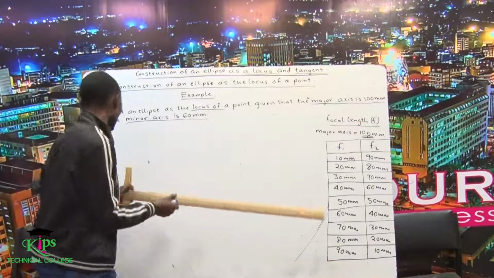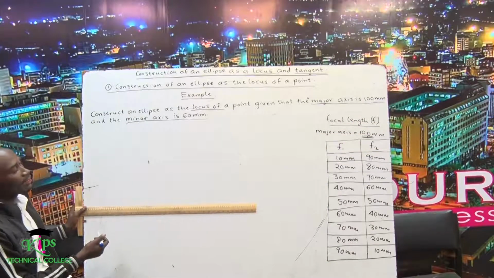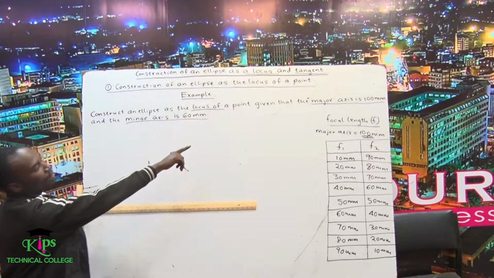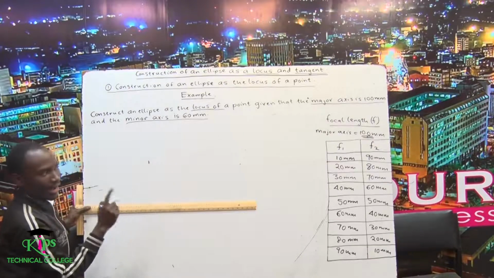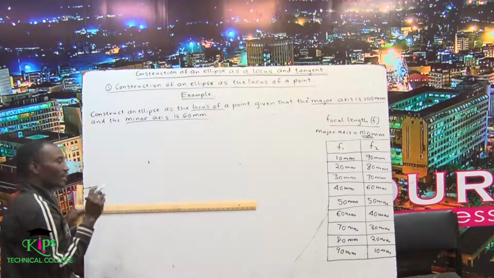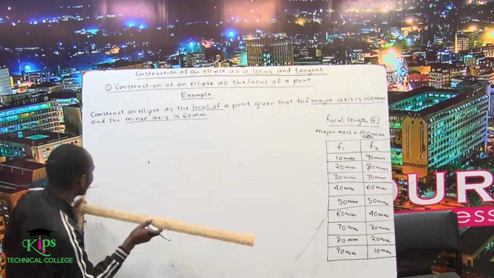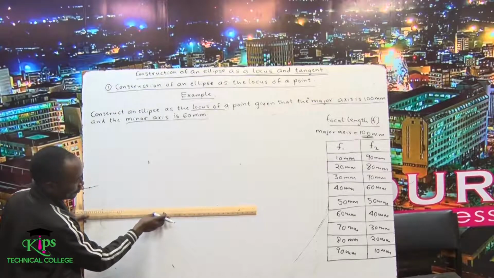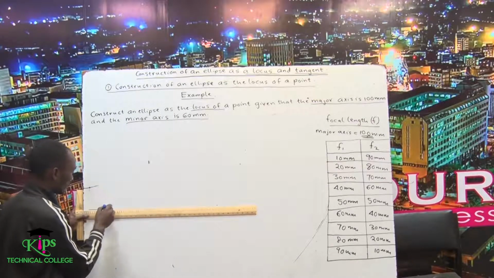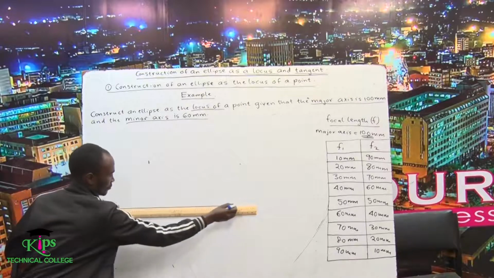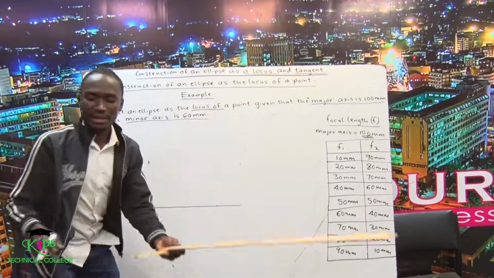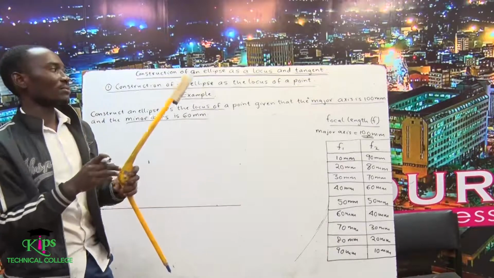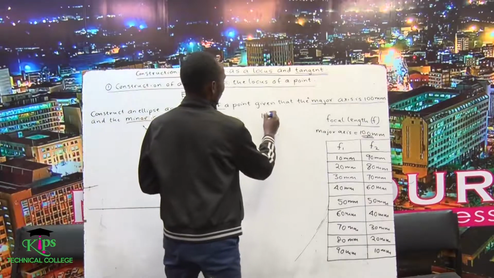So first of all, let's begin by drawing the major line. So you have been told the major axis is 100 millimeters. So let's draw our 100 millimeters. That is my line. I should transfer the 100 millimeters, which is equivalent to 10 centimeters.